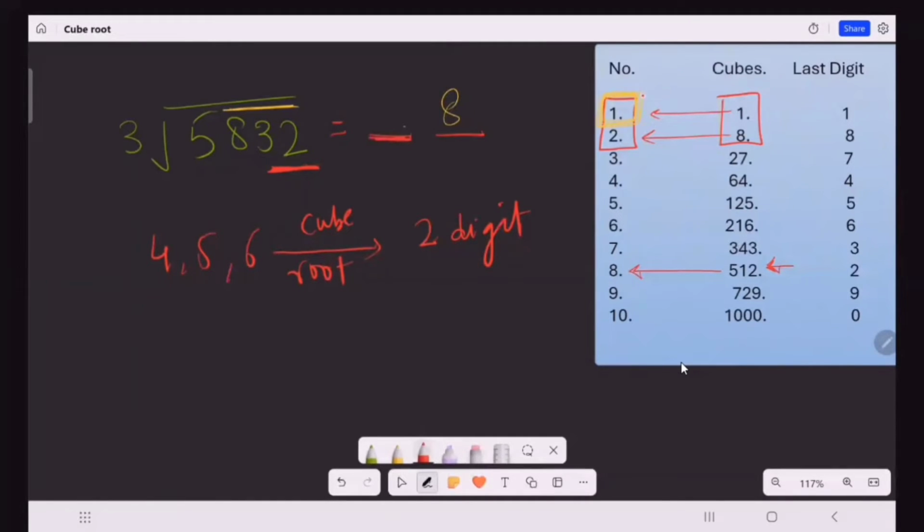So the lower number from 1 and 2 is 1. I'm going to plug in this 1 in our tens place. So our answer is 18 for the cube root of 5832. Remember, we always choose the number from the first column, the number column, not the cube column.